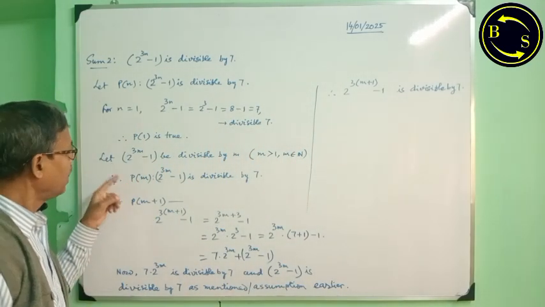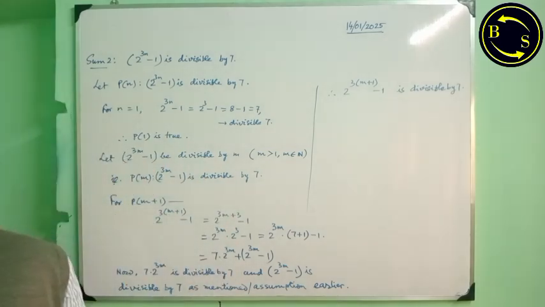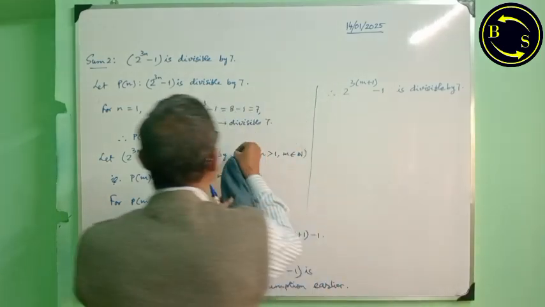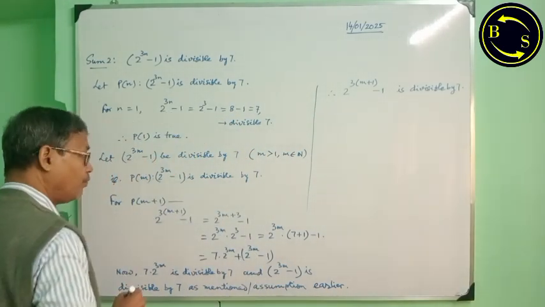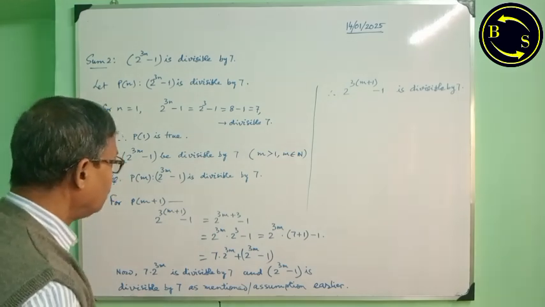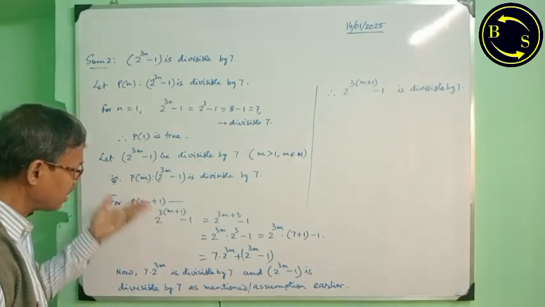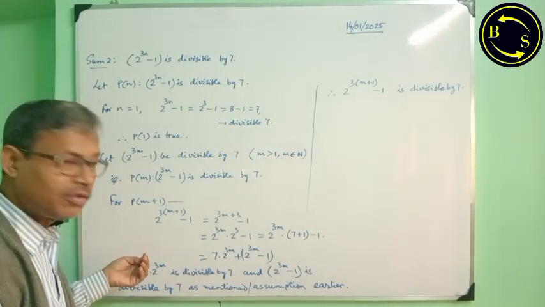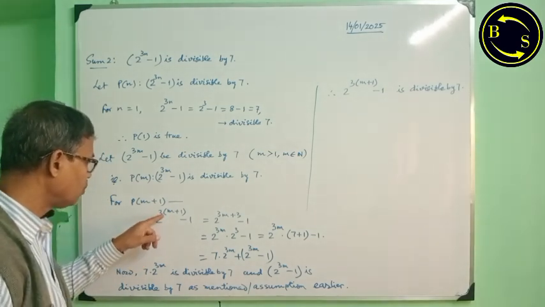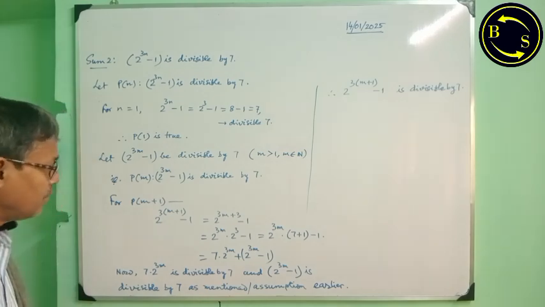We assumed this is divisible by 7, not m, written wrongly. Now, considering this assumption, we have shown by mathematical reasoning 2 to the power 3 within brackets m plus 1 minus 1 is divisible by 7.